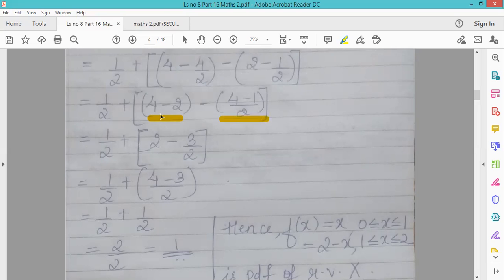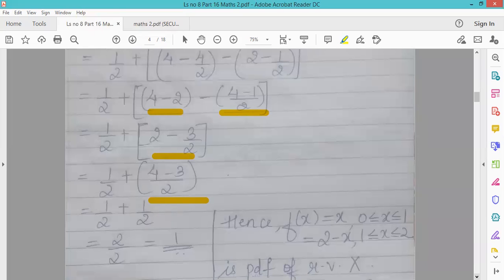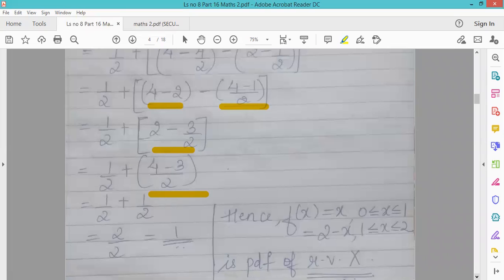So half plus 4 minus 2 gives you a 2, and 4 minus 1 gives you 3 by 2. So again, I've cross multiplied and rationalized the denominator. 2 twos are 4 minus 3 upon 2. So 4 minus 3 gives you 1 upon 2. Half plus half, as both the denominators are same, so you will add the numerators together. So 2 upon 2 answer is 1. So finally we got the answer to be 1, class, and that is what was our requirement.